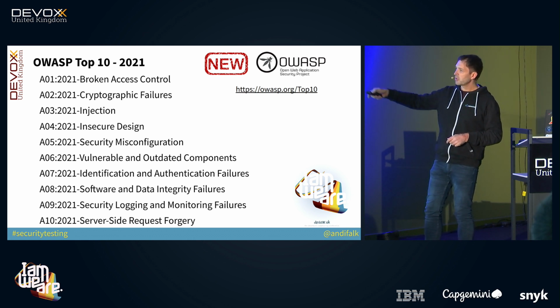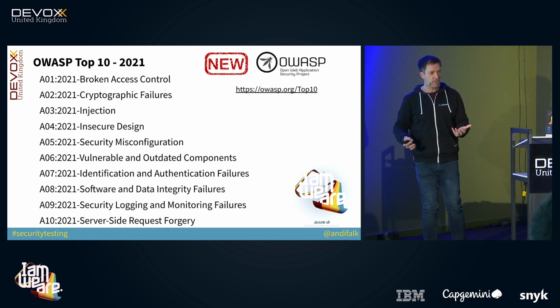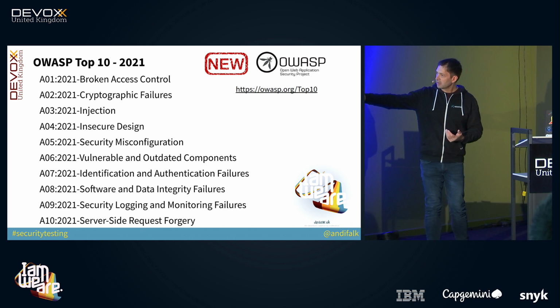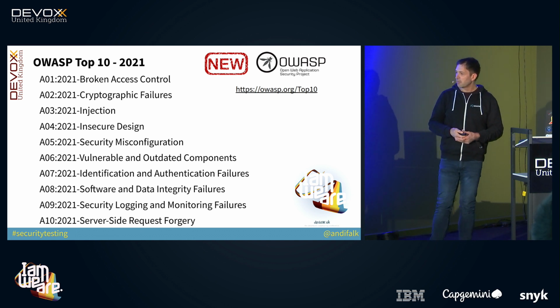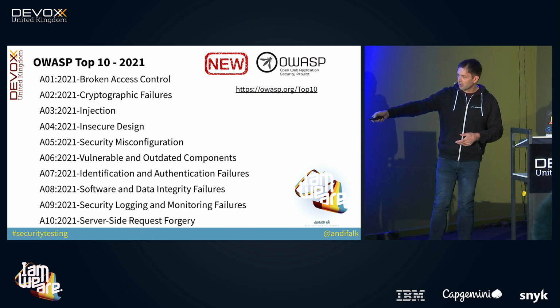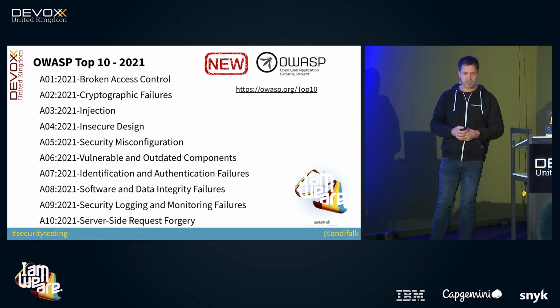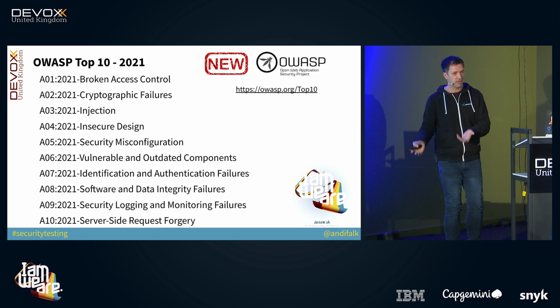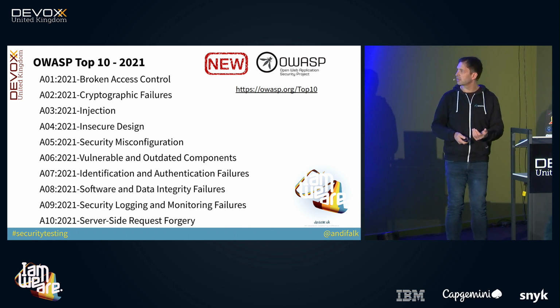They also introduced some new topics like cryptographic failures, and insecure design is a new one. Also quite new on the bottom of the list is server-side request forgery, which is some kind of advanced server-side attack mechanism nowadays.